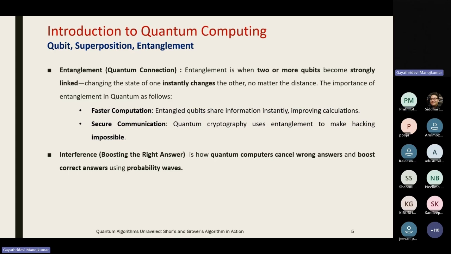For example, consider entangled qubits as a pair of twin dice. If you roll two classical dice, their values are independent. One die might give 6 and the other 3 or 1, whatever it may be.